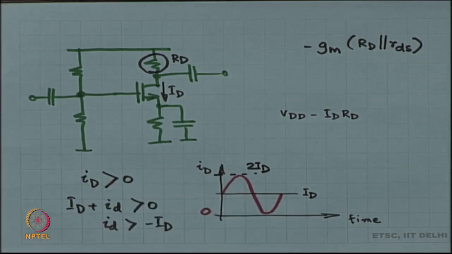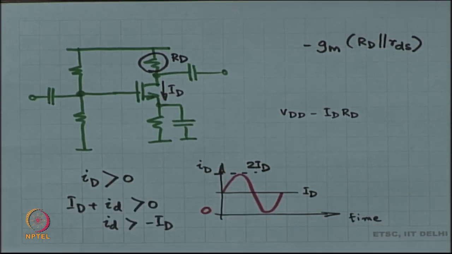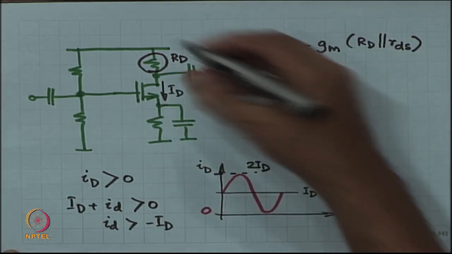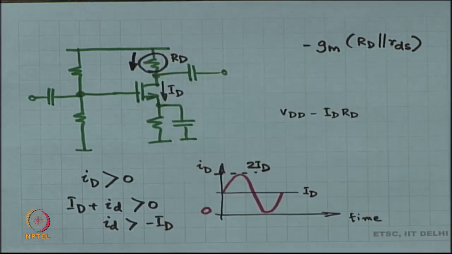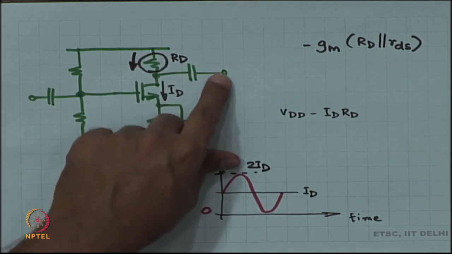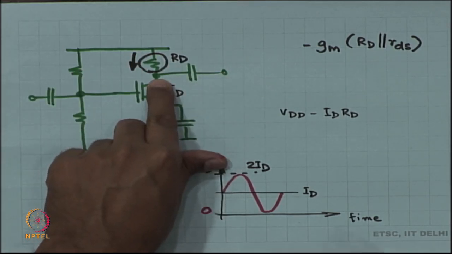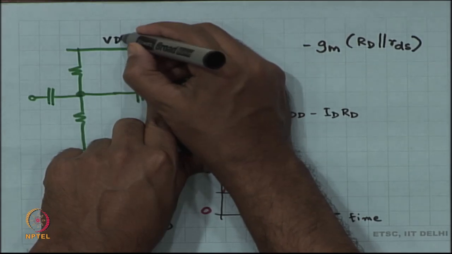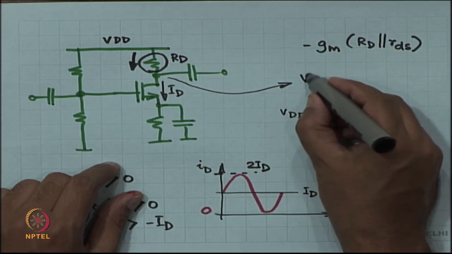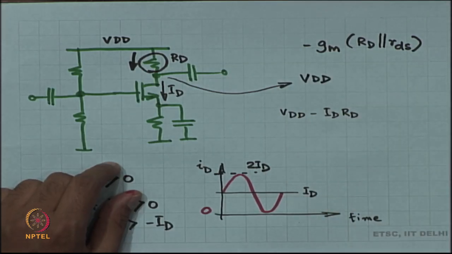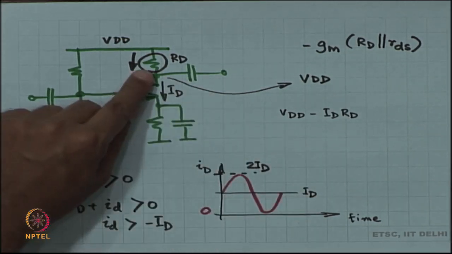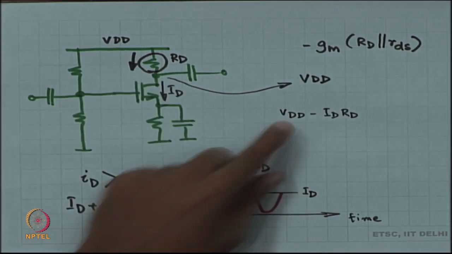So, the peak value is 2 times ID, minimum value is 0. Automatically, that is the current coming through RD. So, when the current coming through RD is 0, the voltage over here is just VDD. When the current over here is ID, then the voltage over here is VDD minus ID RD.